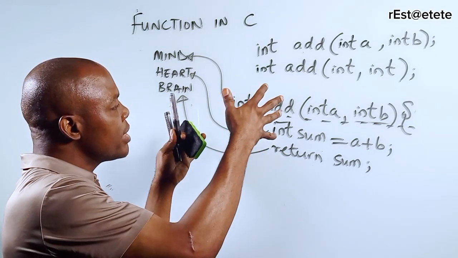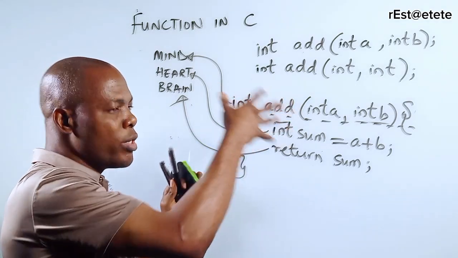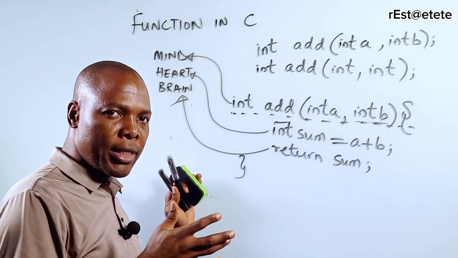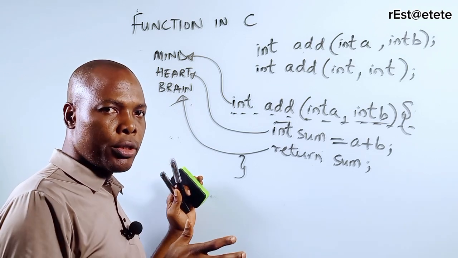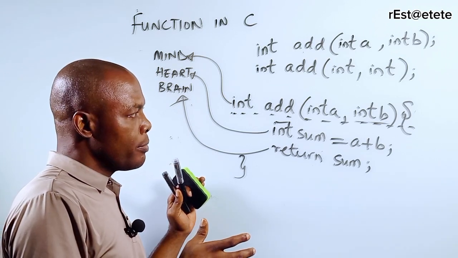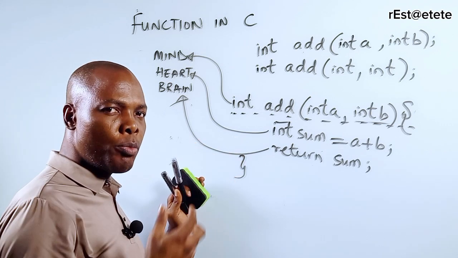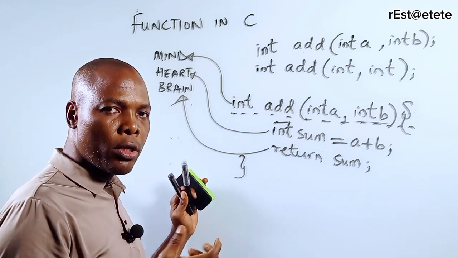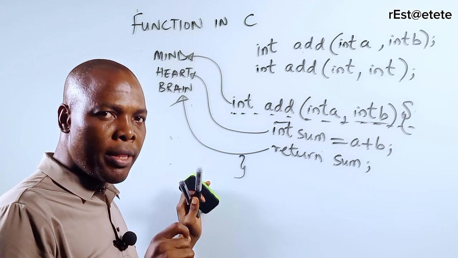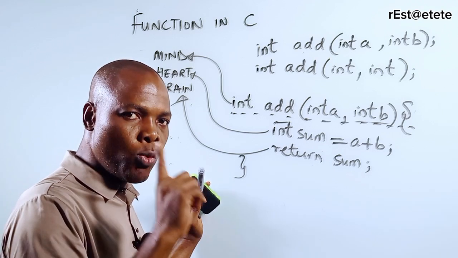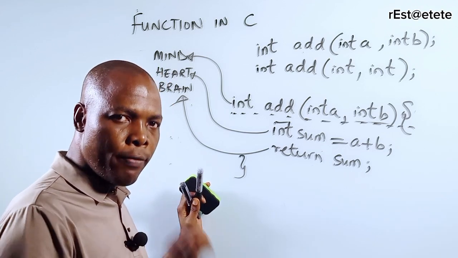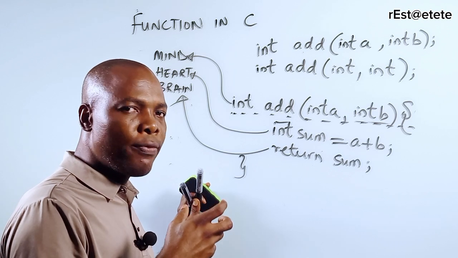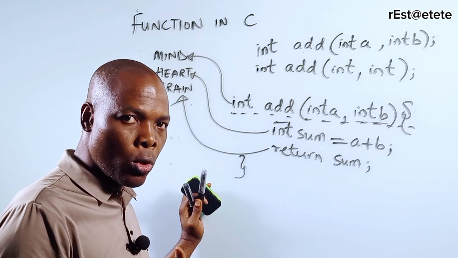Now, having written this function, it will remain at the mental state until it is called. So in calling this function, we need to bring in the last part, which is what? The main function. In every C programming language, there must always be at least one function, and that is the main function. That main function is what we refer to as the soul.